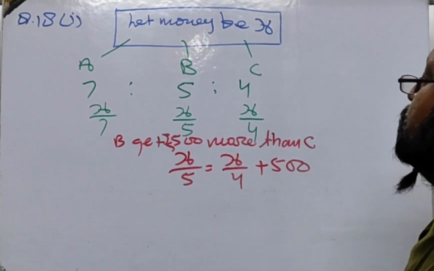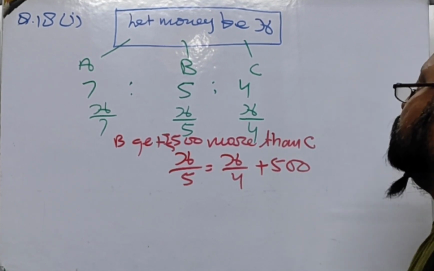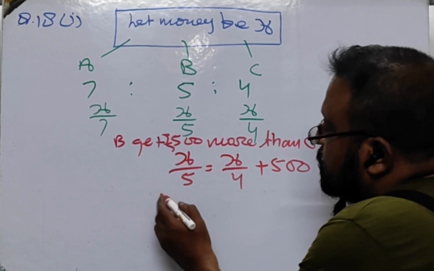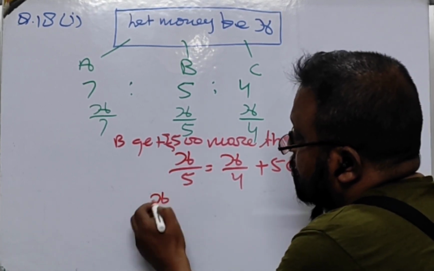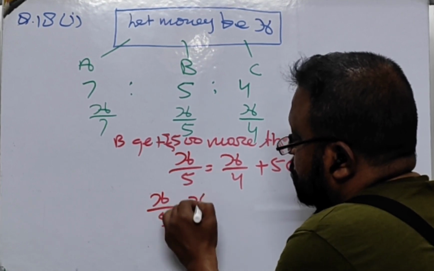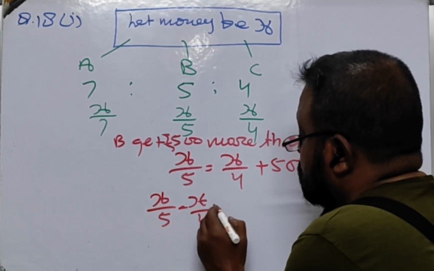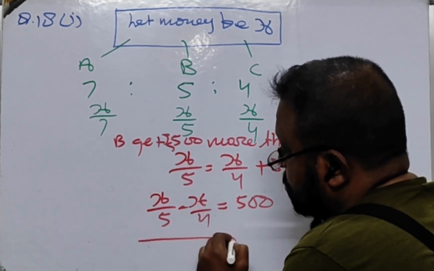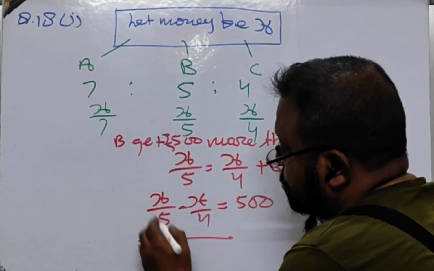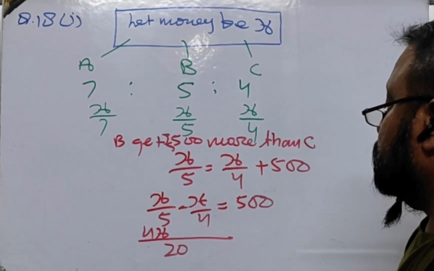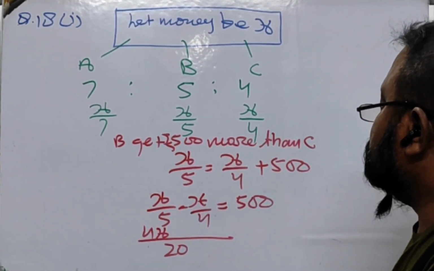Getting? So now you bring this on the other side. So X upon 5 minus X upon 4, you will get 500. You have taken 20 as an LCM. So 4X. Oh my God, something is wrong.